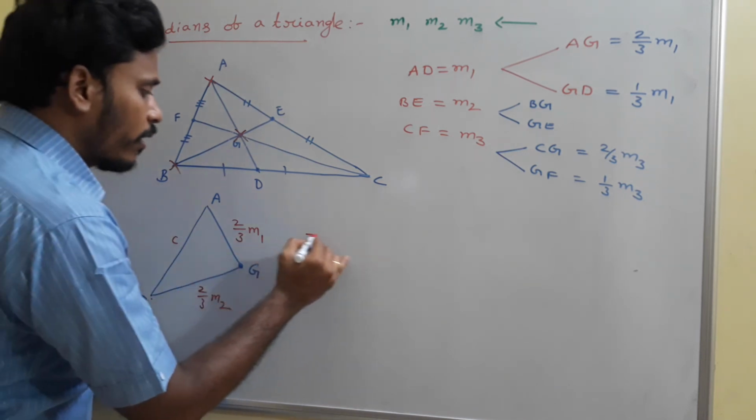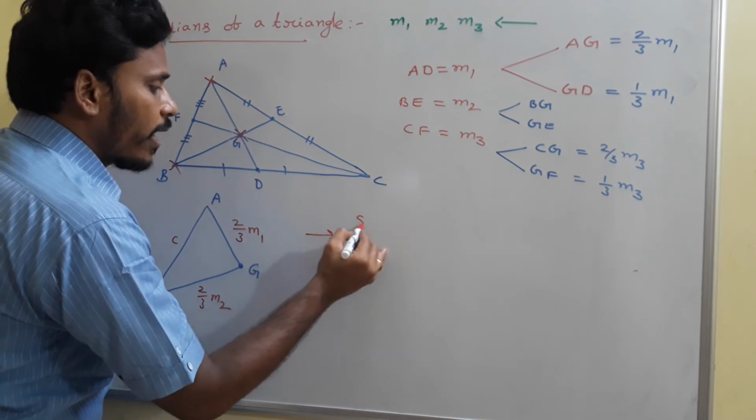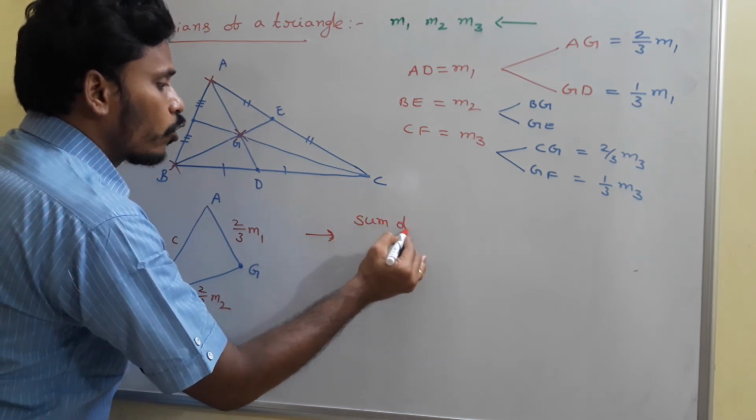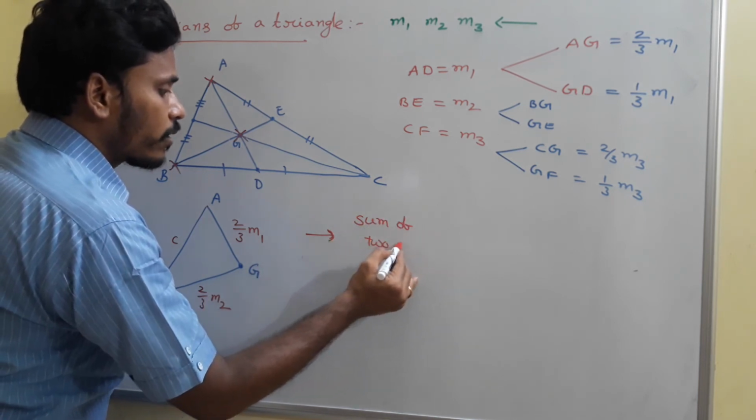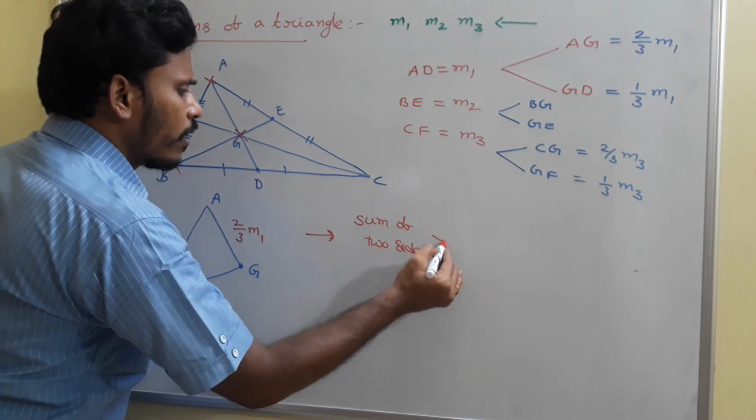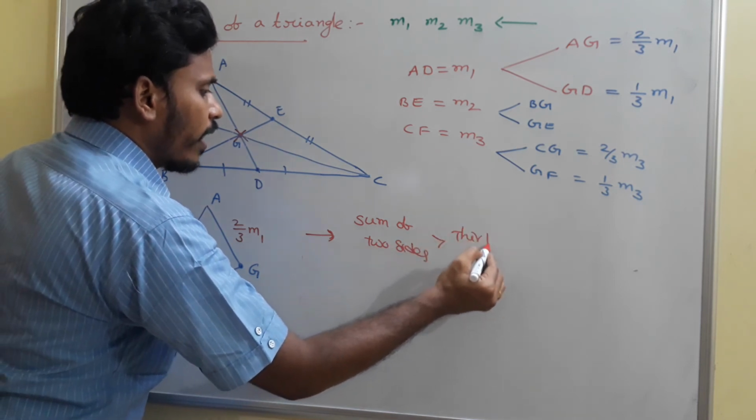From this triangle, as I mentioned in the last class, the sum of two sides is greater than the third side. In any triangle, the sum of two sides is greater than the third side.